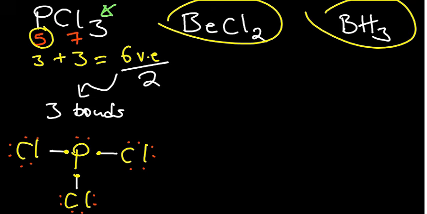Okay, so if you try to count the number of valence electrons, we had 5 plus 3 times 7, since we've got 7 for each chlorine atom. 7 by 3 is 21, plus 5 is 26. You can count. You'll see that it's going to add up. So you've got 6 plus 6 plus 6, 18. How many are on the central atom?